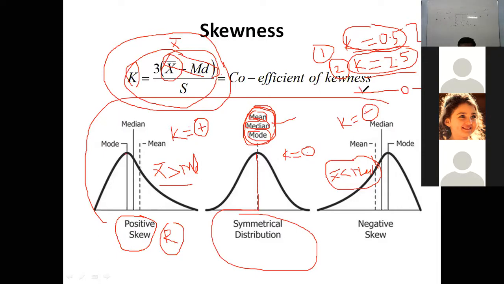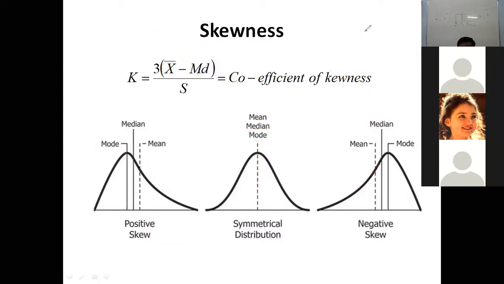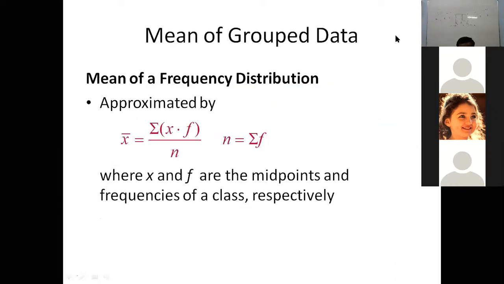If you go in this direction or in this direction, the skewness increases. It doesn't matter whether it is positive or negative skewness, but skewness increases. So that is about the skewness of any distribution.